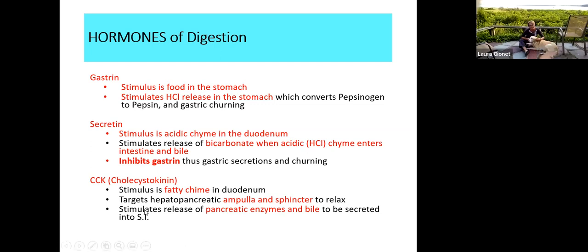So it targets the hepatopancreatic ampulla and sphincter to relax. It'll target the gallbladder to contract and push down a lot of bile also, so that we deliver a lot of enzymes in bile into the small intestine.